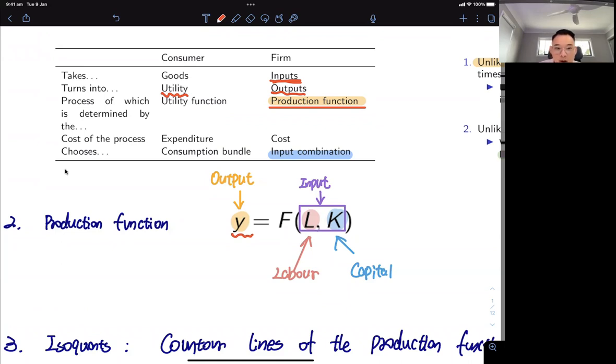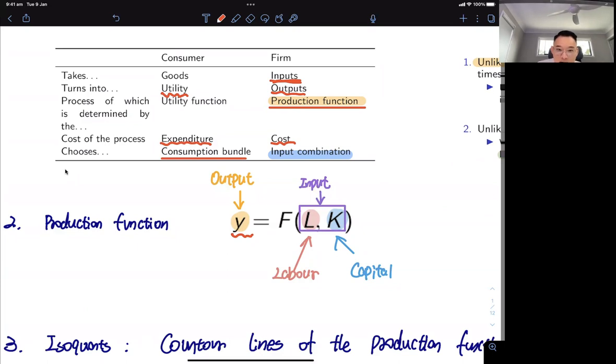The cost of the process for a consumer is expenditure, right? How much money they have. However, for a firm, it's cost: the cost of labor, the cost of capital. So consumers maximize utility by choosing the consumption bundle, if you remember, X1, Y1.